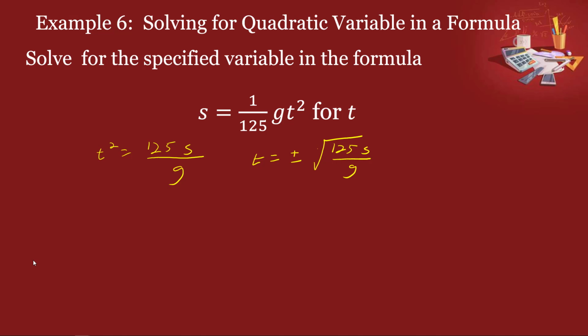Okay, well, now we have a couple of problems with this. The first one is that we have a square root in the denominator, and we do not like square roots in the denominators. We need to rationalize this. We can do that by multiplying top and bottom by the square root of g. If we do, we will have plus or minus the square root of 125 times s times g.